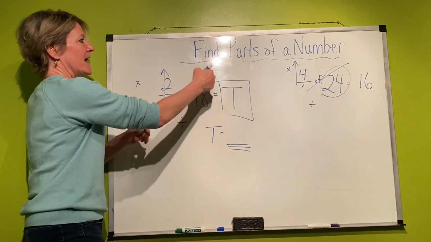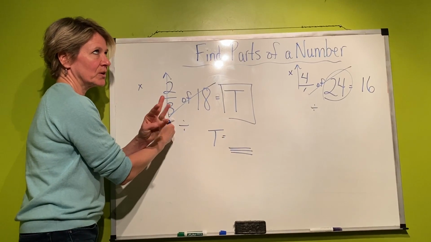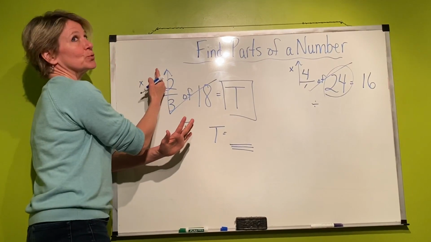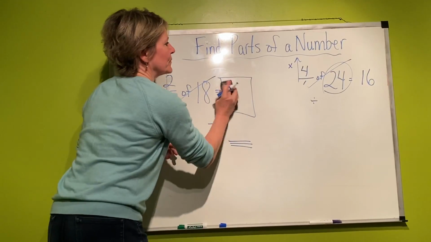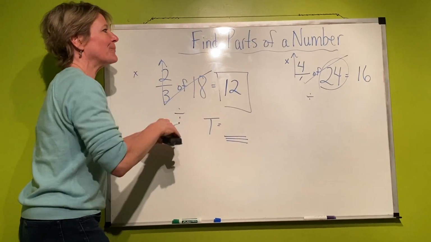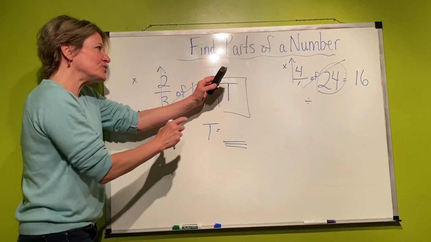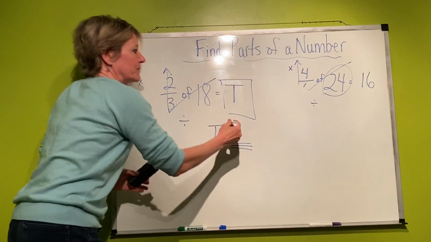Divide, multiply. 18 divided by 3. 6. 6 times 2. 12. So if that darn T wasn't there, I would just put my answer in the box. But the T was there. And they say, what number could you replace that T with that would be the real answer?